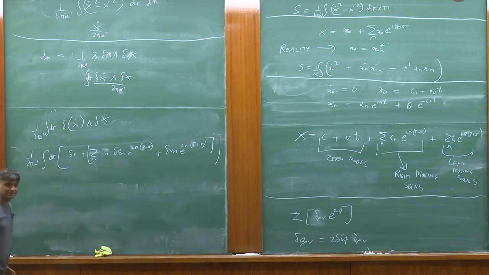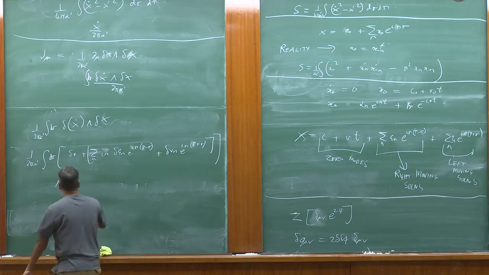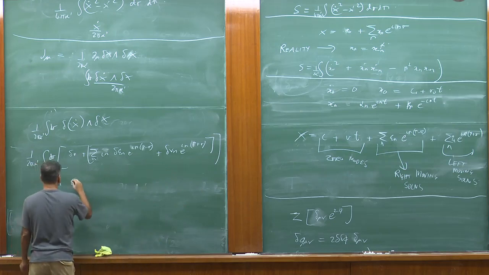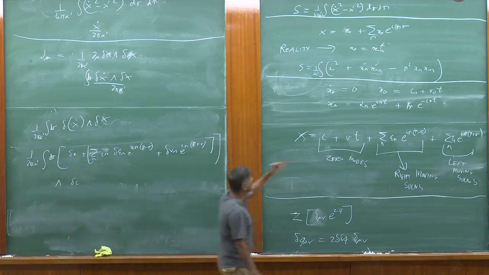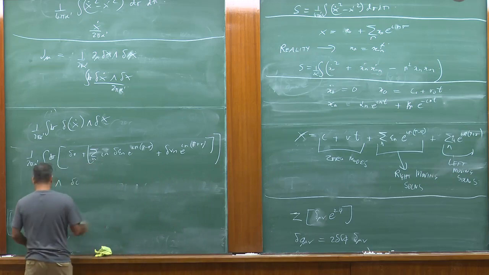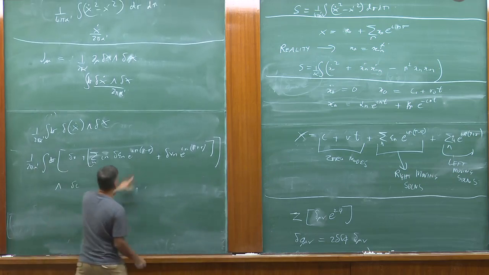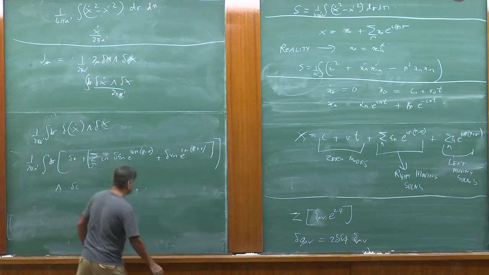That's the first term. When we take the wedge with delta x, let's say that we're doing this at tau equals 0. So here everywhere imagine in your head that it's 0.